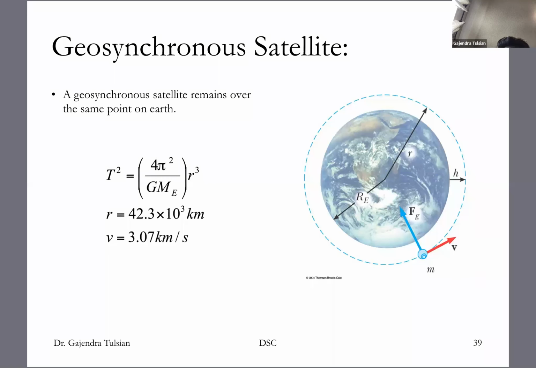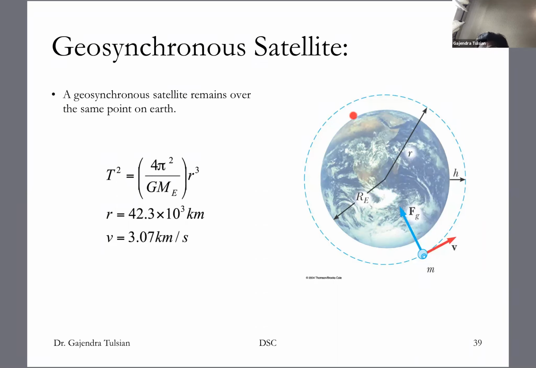Here's a very interesting idea, the geosynchronous satellite. So imagine now in this picture, that's not the equator, but let's say that was the equator and this was the North Pole. It's not the North Pole, you can see Africa there.